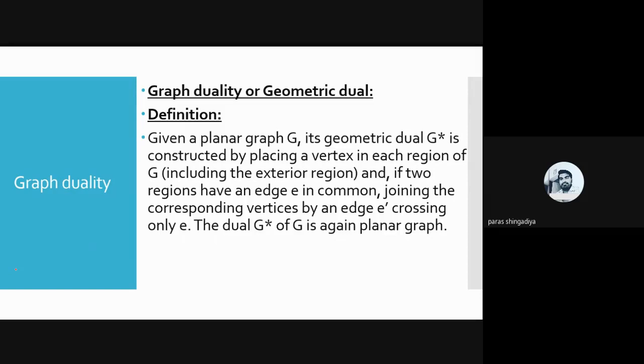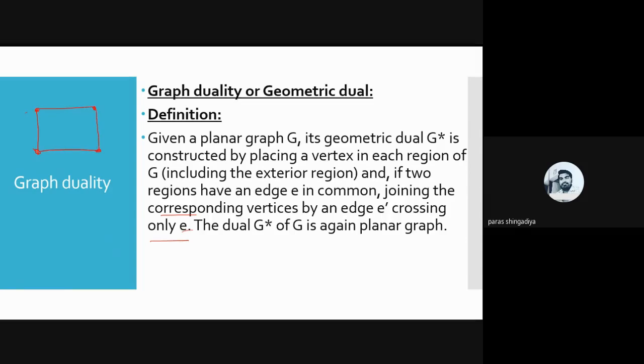If two regions have an edge in common, then we join the corresponding vertices by an edge E dash crossing only the edge E. Then the dual G star is again a planar graph, and that is known as the dual graph of G. So how can we create it? First you have to consider a planar graph.